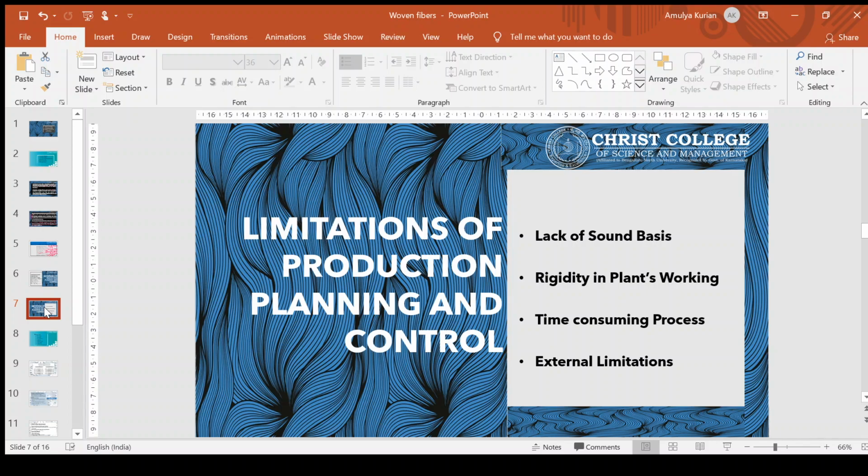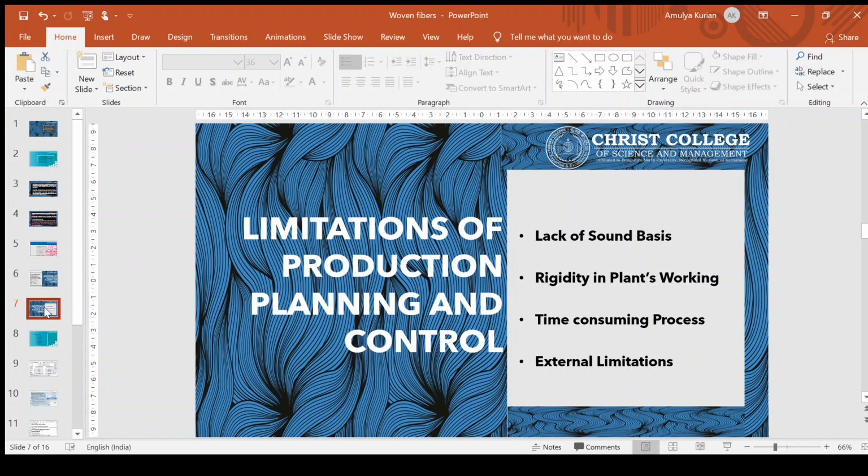It is based on assumptions or forecasts about availability of inputs and customer orders. We are assuming that this will be the future forecast, and on the basis of that we are doing the production planning and control. So it lacks sound basis. We can't ensure that this is the way it is going to happen.